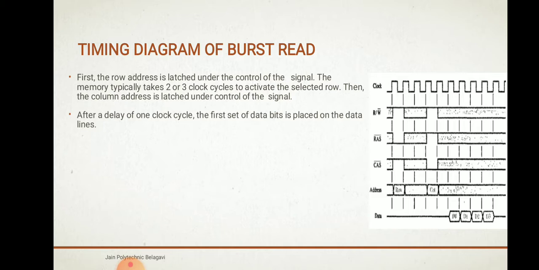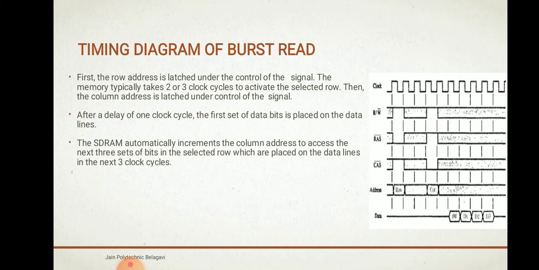Now the SDRAM automatically increments the column address so that it can access the next 3 sets of bits in the selected row, which are again placed on the data line in the next 3 clock cycles.